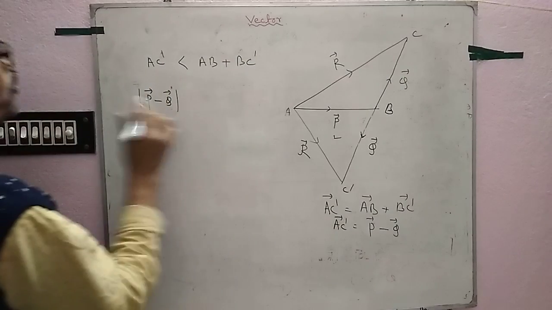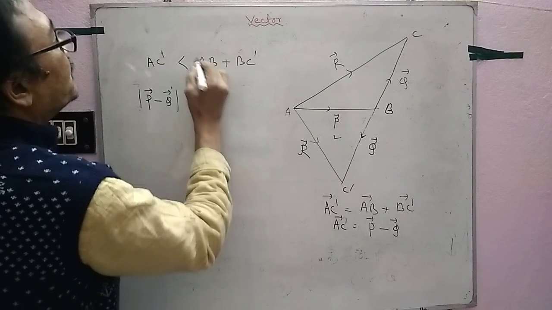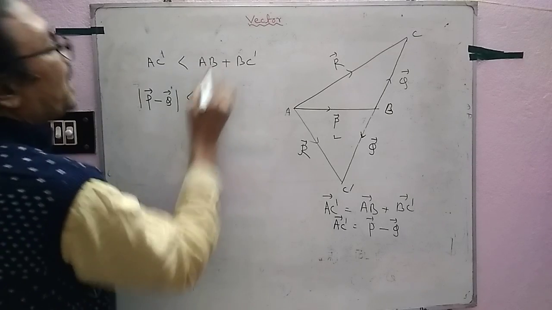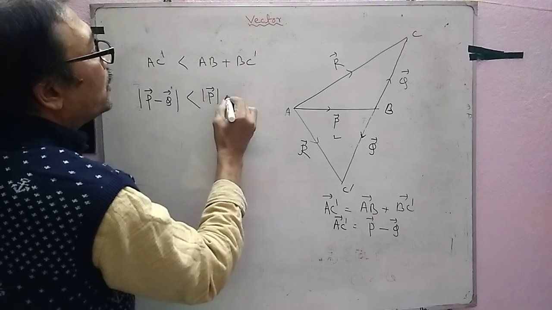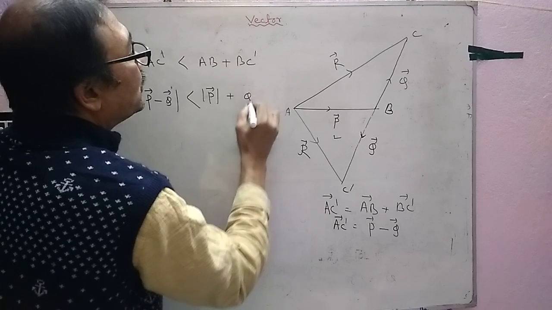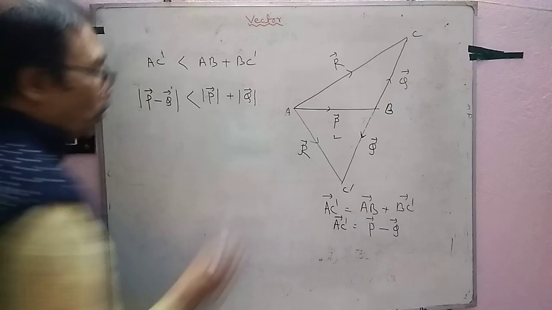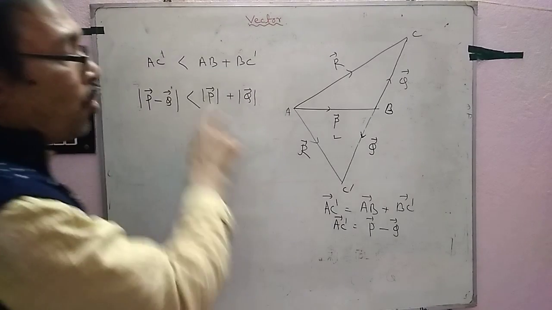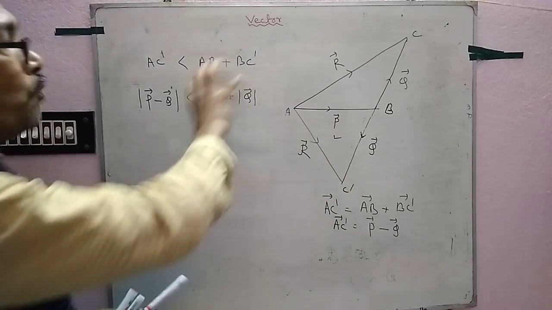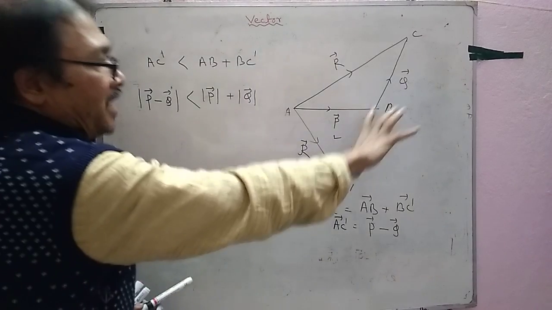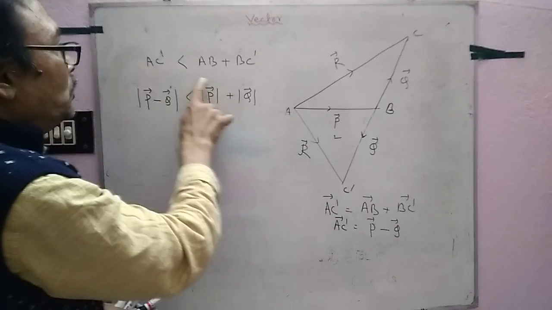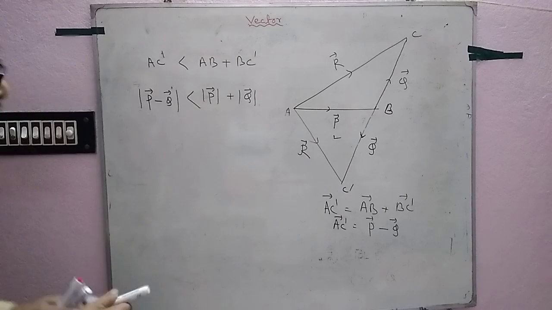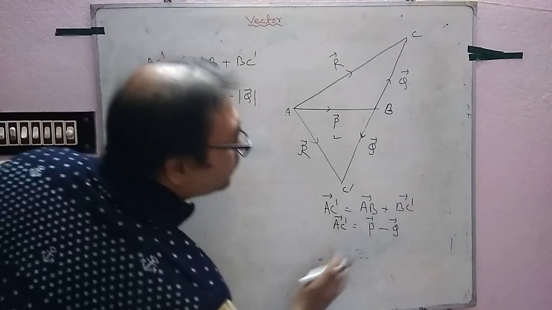Mod of AC dash is less than AB, that is P vector, plus BC dash. Follow? When we take the mod, there is no need for the minus sign. The value of BC dash is Q. So AB plus BC dash mod from this equation.